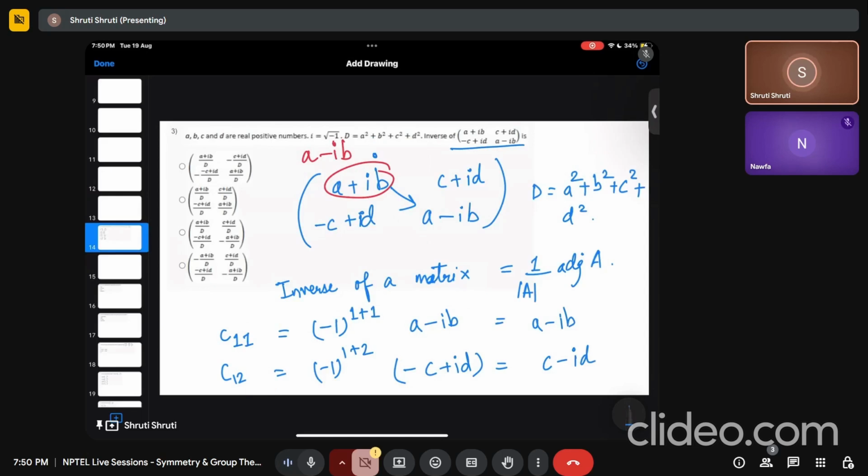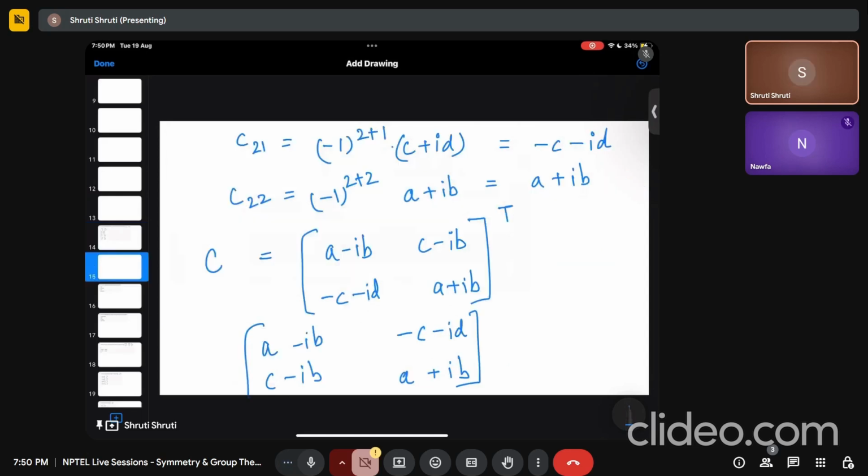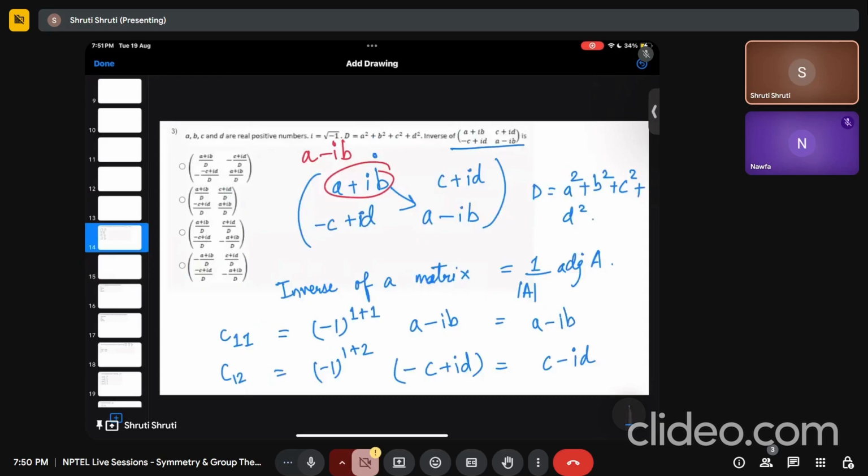But whatever we are getting is this only: A minus IB by D. But there is no A minus option. Yeah, you might be correct. There can be a misprint.